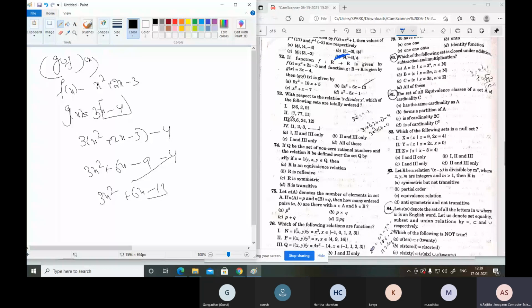Here you can observe 1, 2, 3, 4, 5, but 1 only divides and the remaining do not, so this is also not there. And 1 and 3 only are totally ordered relations. That answer is here, this is C. C is the answer.